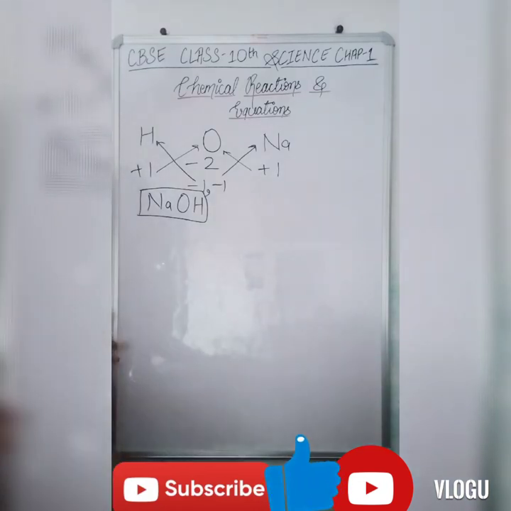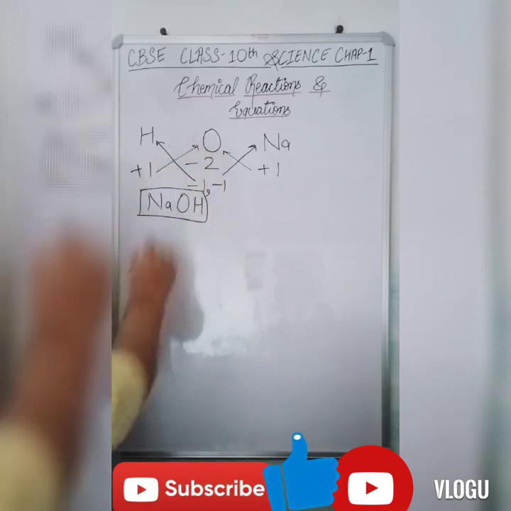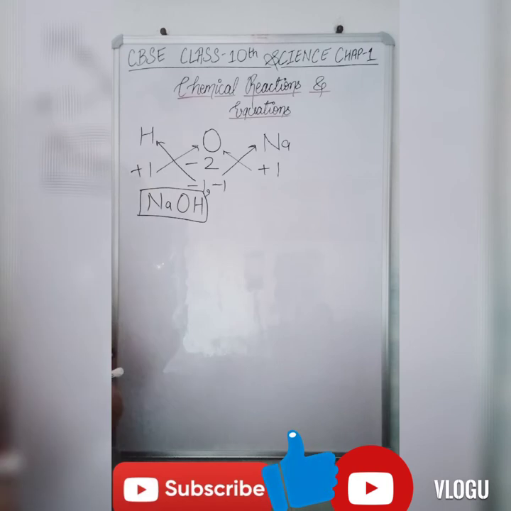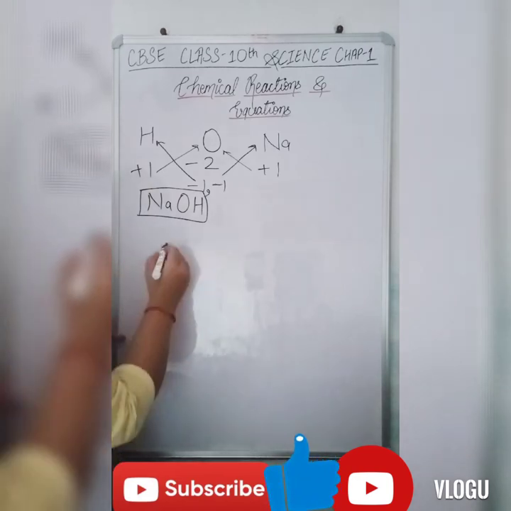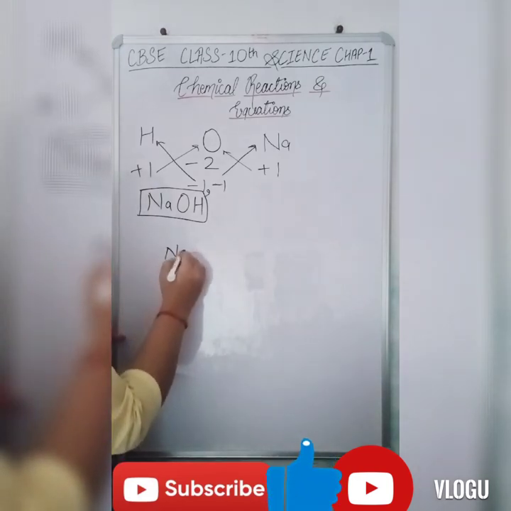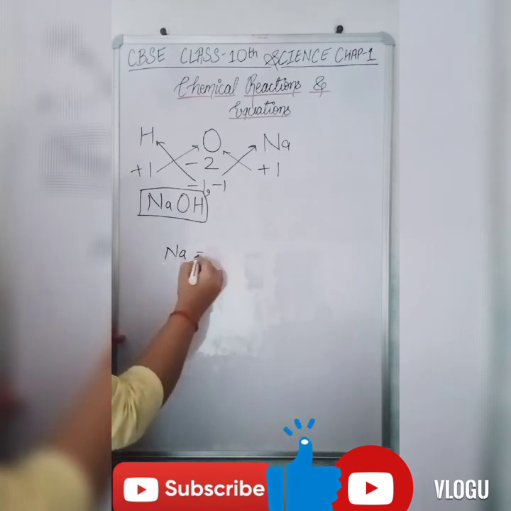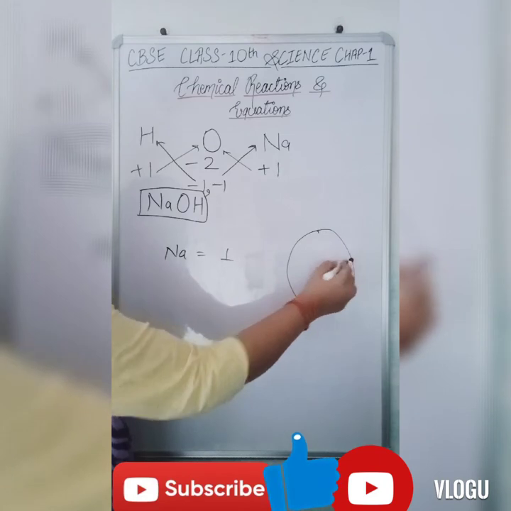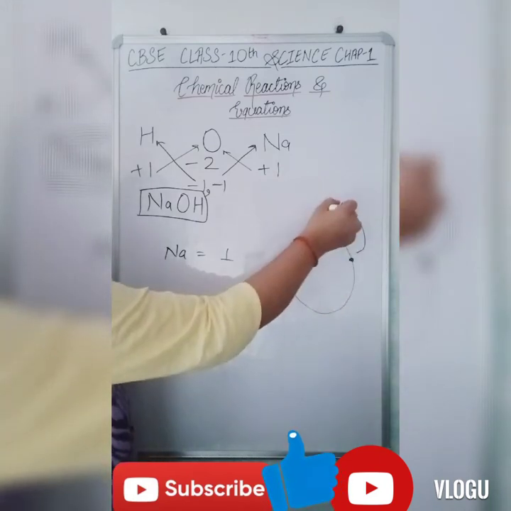Now the second statement I made: oxygen can also attain those two electrons from one single element. Suppose I take only sodium, and we know that sodium has one electron in its outermost shell, right? You remember, in the M shell it has only one electron, and that was given to oxygen.